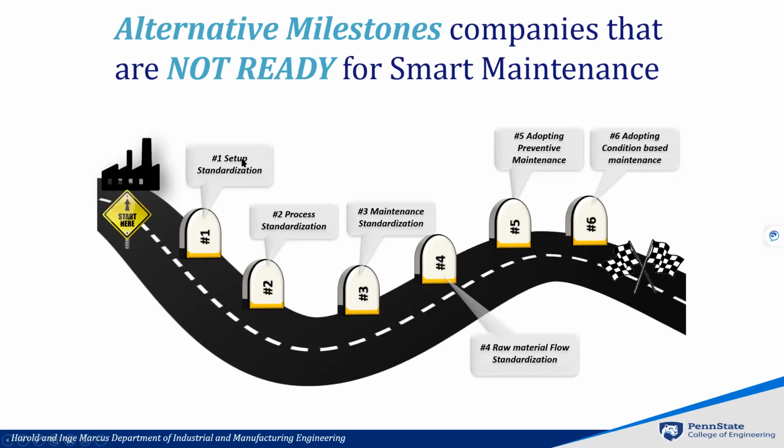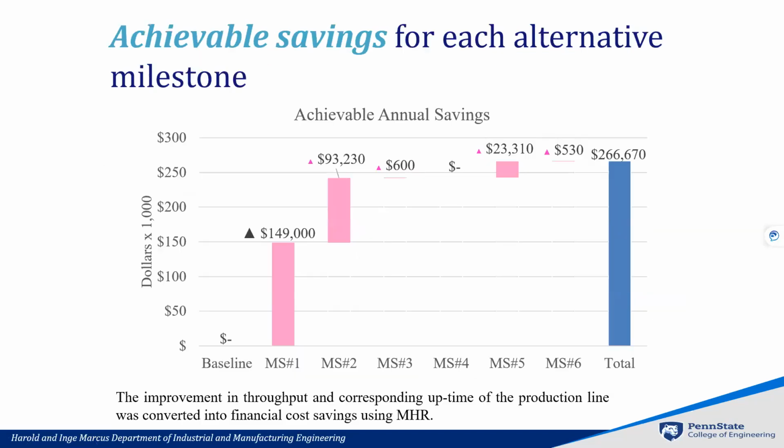Typically, much of the downtime is caused by setups. You standardize setup, standardized process, standardized maintenance, raw material flow standardization, try and adopt preventive maintenance practices, and then finally get to condition-based maintenance. That will be the way that companies that are currently not ready will embark on smart maintenance pathway.